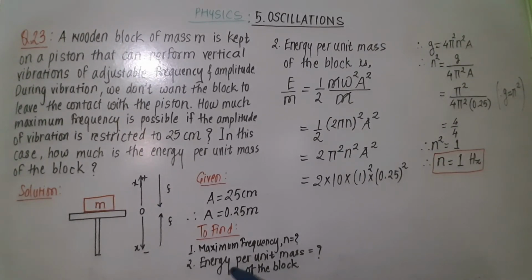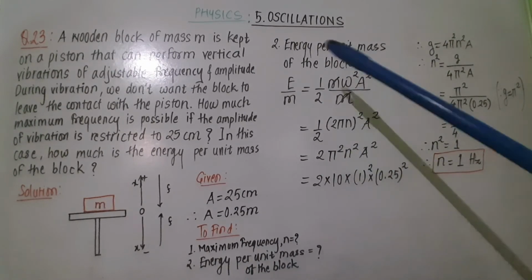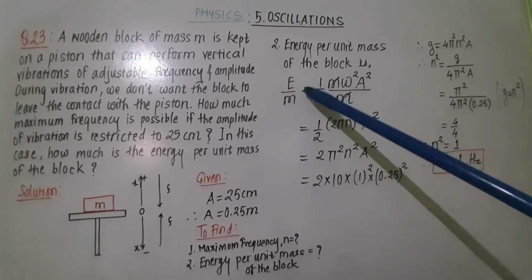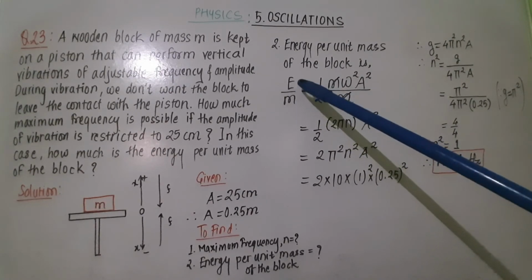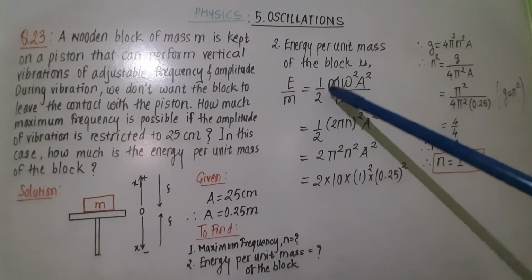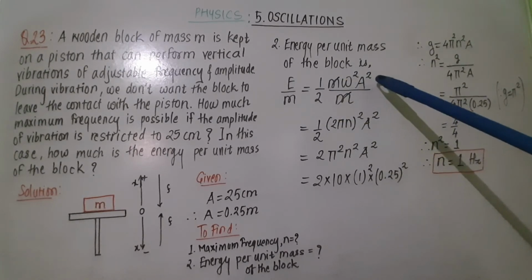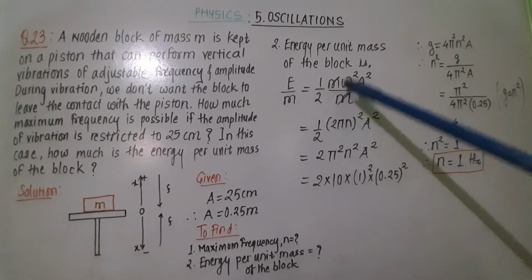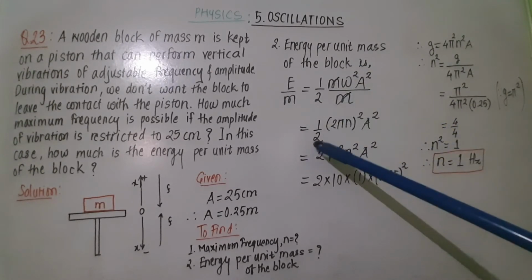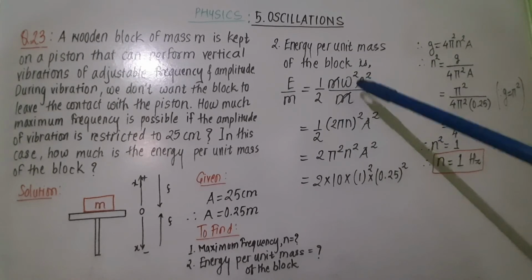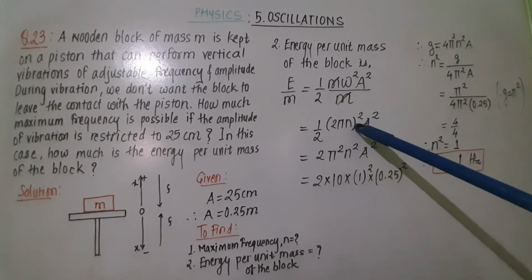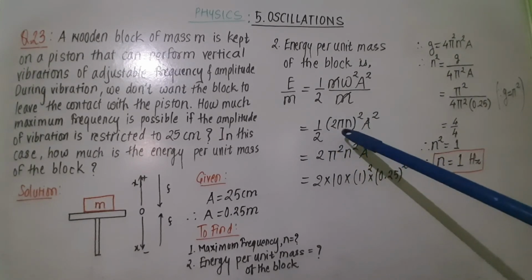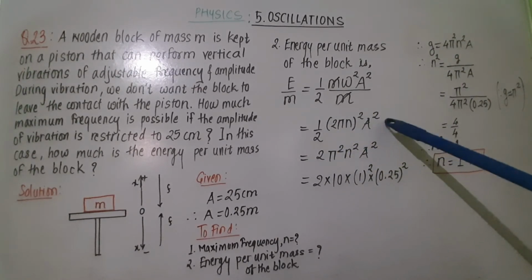Now to calculate energy per unit mass of the block. Energy per unit mass of the block is E upon m, where E is the total energy of the block, and it is equal to half m omega square a square upon mass. So divided by m, will get cancelled. Now in next step, for omega, 2 pi n is substituted. So we get E upon m is equal to half (2 pi n)^2 a square.